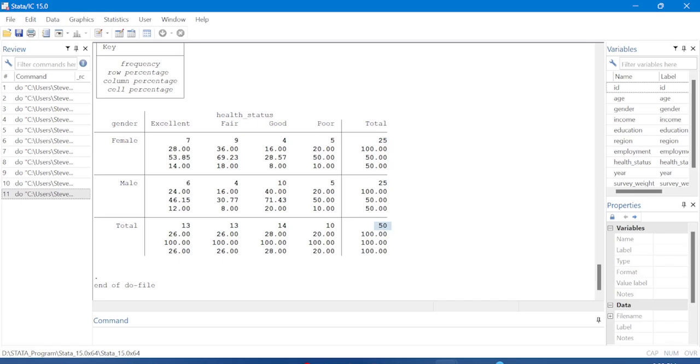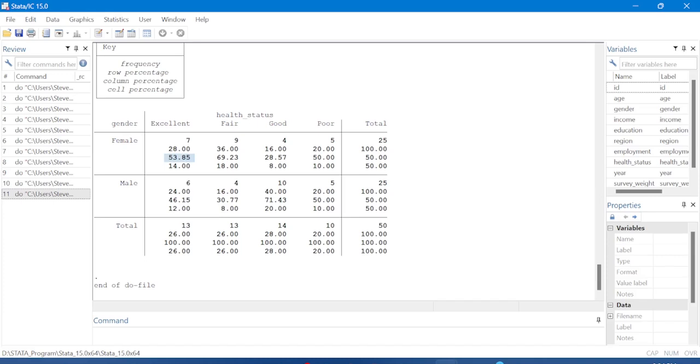And now to get this 28%, we need to take 7 out of row total, which is 25, times 100, and we will get this 28%. And now to get the column percentage of female, it will be 7 over 13 times 100, which is 53%.